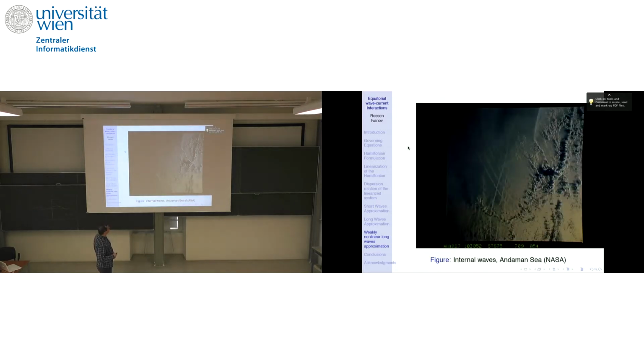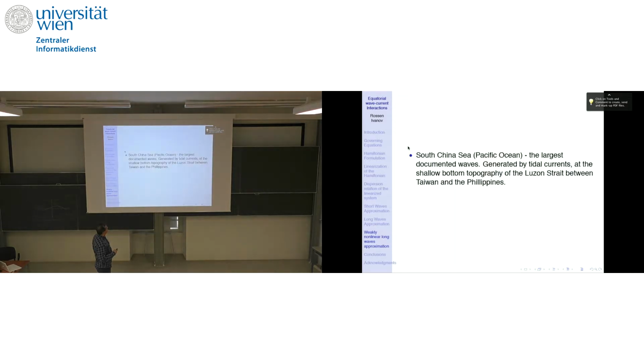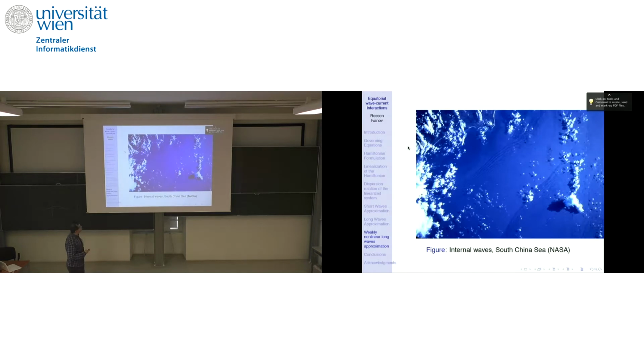This is another picture from NASA of internal waves. This is the South China Sea. It's another bunch of internal waves here in the South China Sea. I guess it's possible to observe them because the upper layer is usually of more transparent water, and from a satellite what's observed is not the surface wave, it's the internal waves that are much bigger.